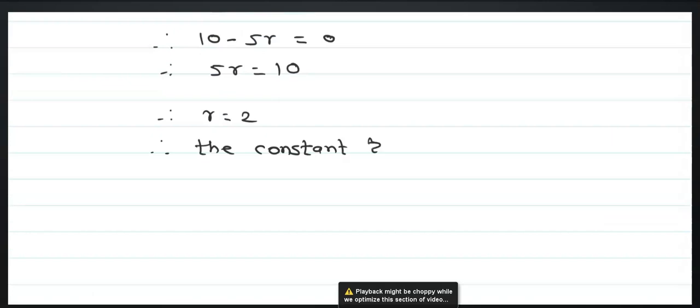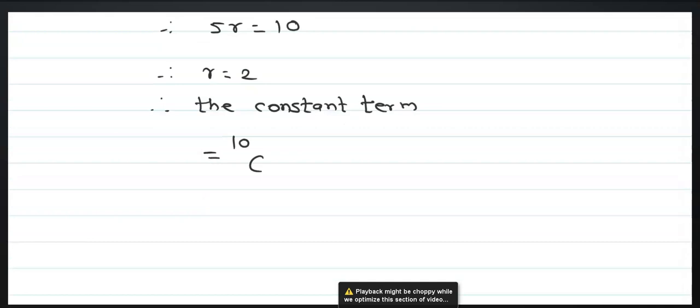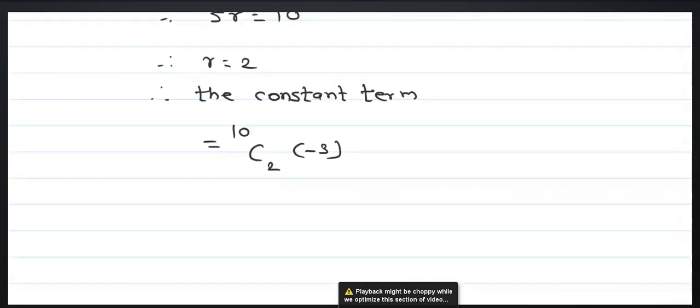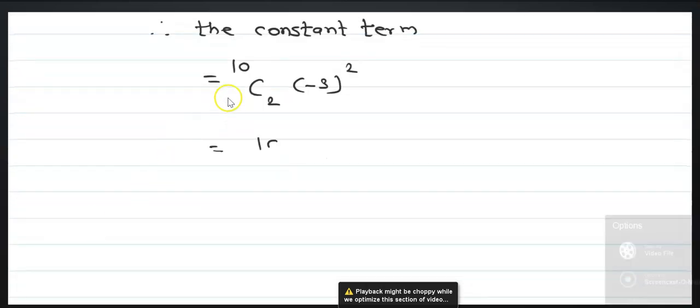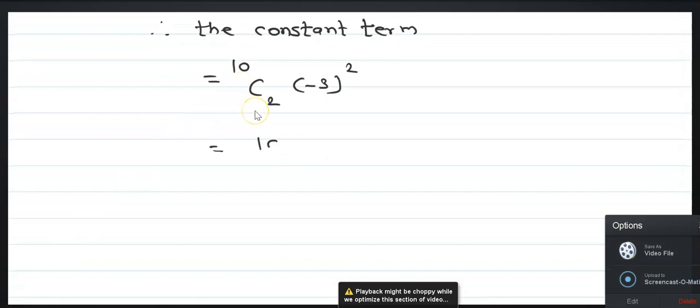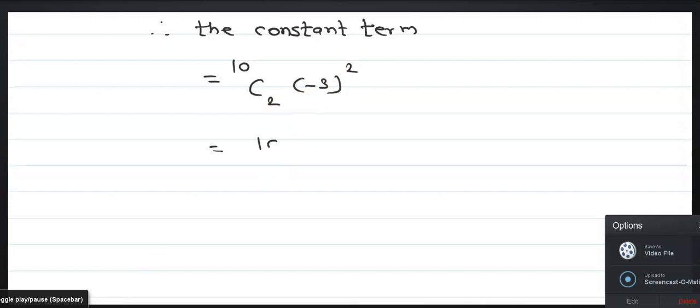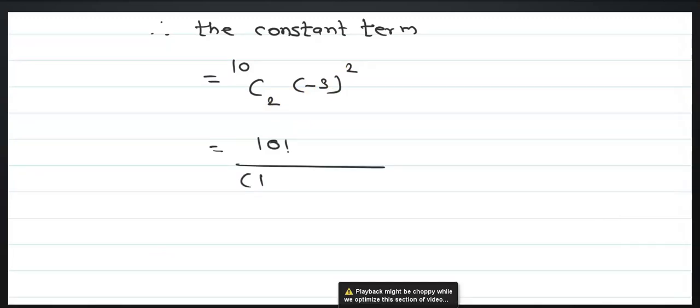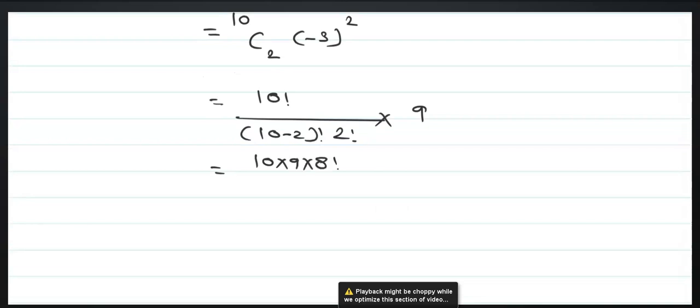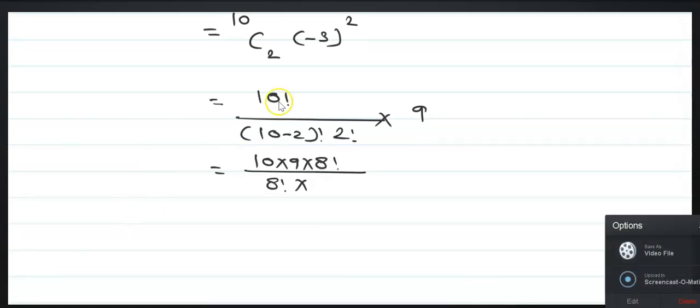Therefore the constant term is 10cr, that is 10c2 minus 3 raised to 2. Can find out the value. That is 10 factorial upon 10 minus 2 factorial into 2 factorial, into minus 3 raised to 2, which means 9.